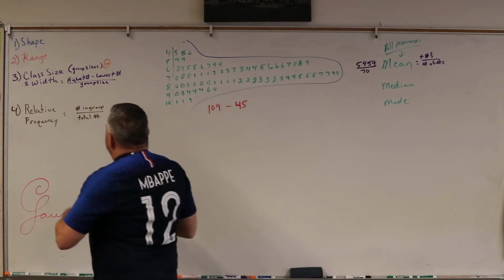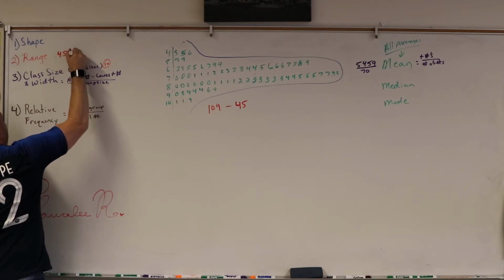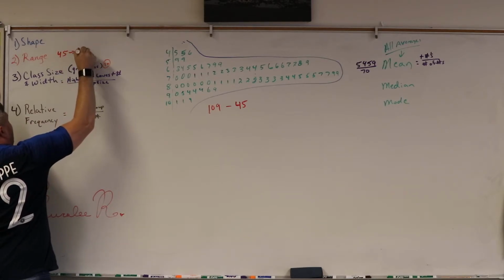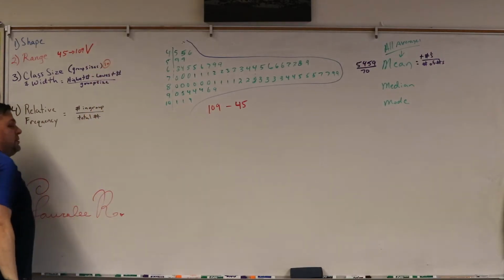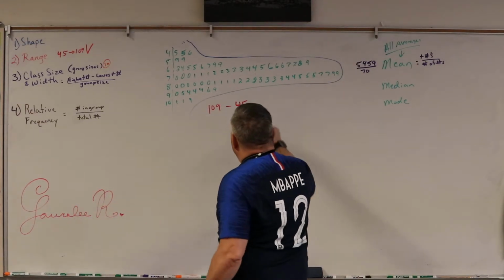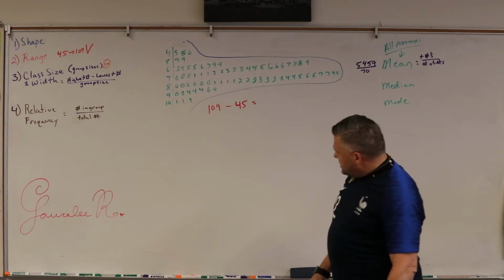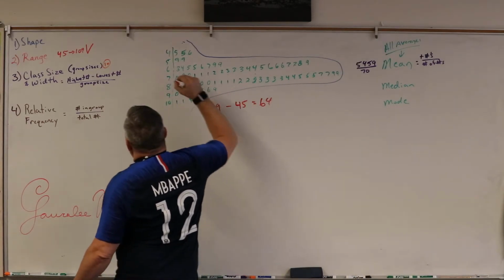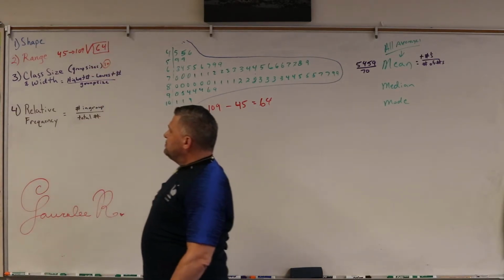There's two ways we can say this. We can say that it goes from 45 to 109, or we can give the actual number of the range, which is 64. Good. And so that is our range.